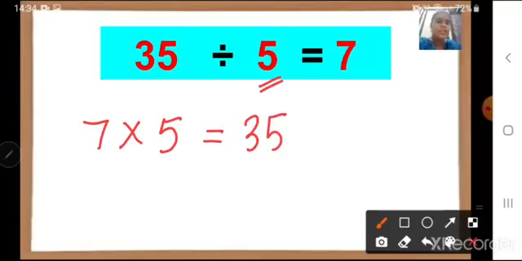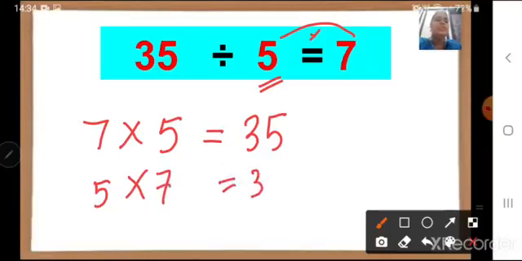Got it, children? If we multiply both these numbers, we will get 35. And here the second multiplication fact is we can interchange the numbers. 5 into 7 is equal to 35. So this is our second multiplication fact.